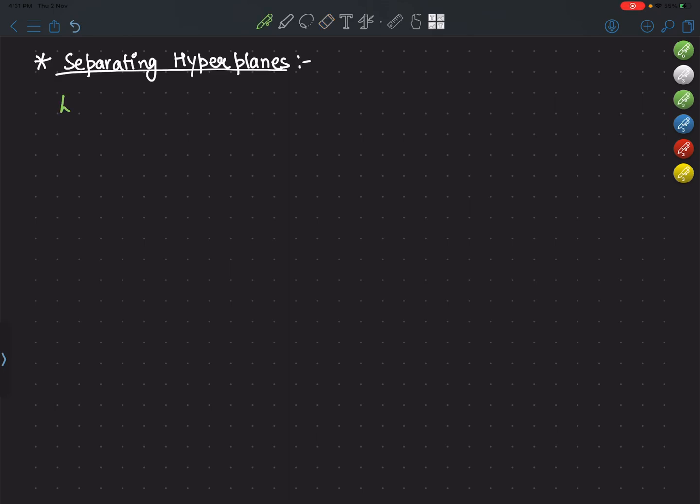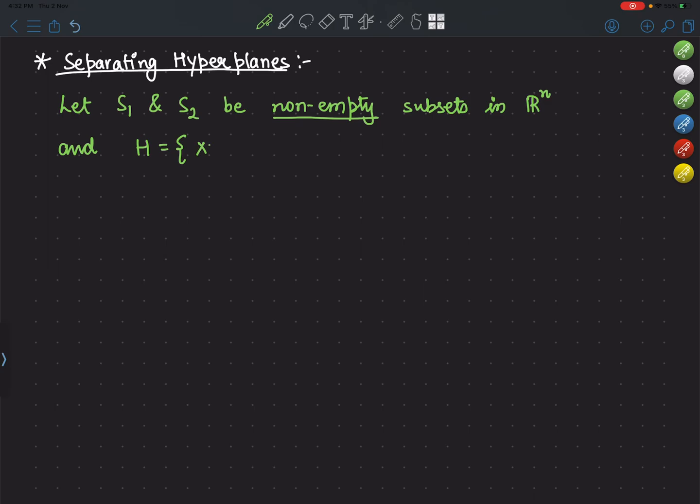So let S1 and S2 be non-empty subsets in Rn, and H be a hyperplane, that is all the x which follow this equation A transpose x equal to B, where A belongs to Rn and B belongs to some real number.